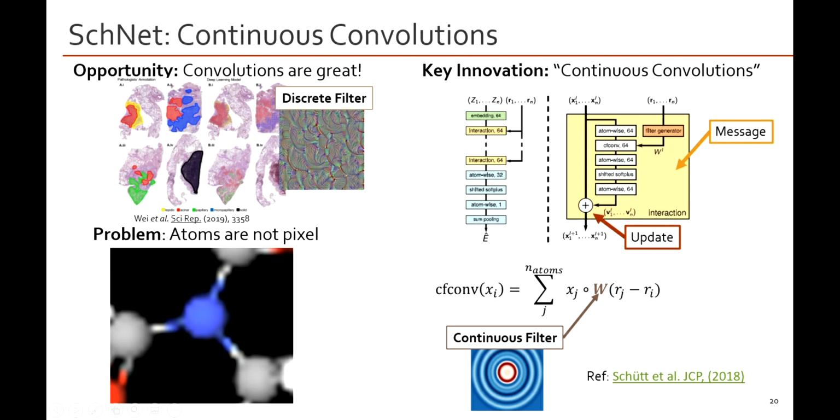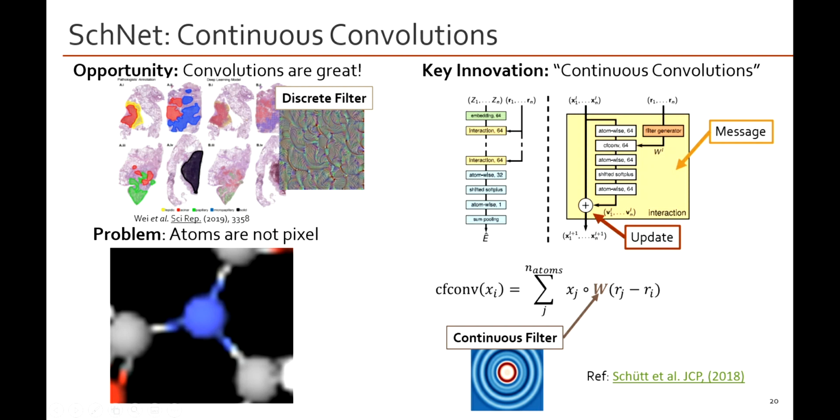So what they've come up with is this notion of continuous convolutions, where I can take an atom's environment and apply a continuous filter as a function of each atom's distance from the center and its current values. This mimics taking a single pixel, applying a filter to all the pixels that neighbor it, and being able to determine, say, a new value.